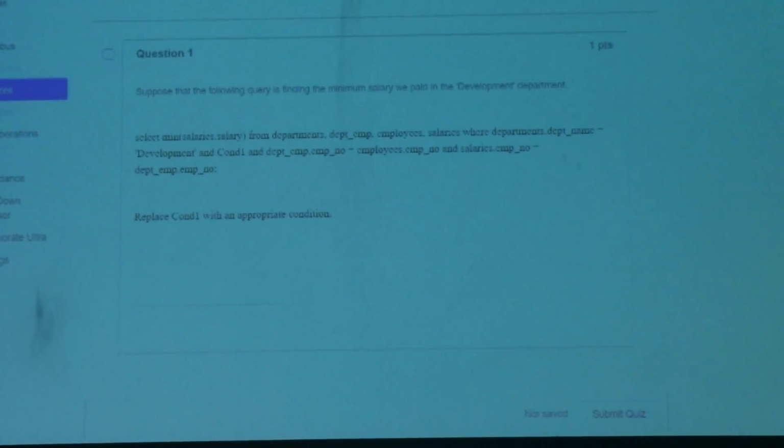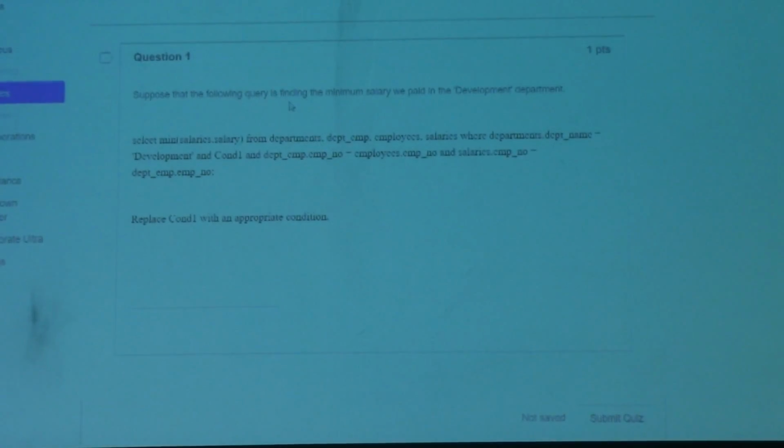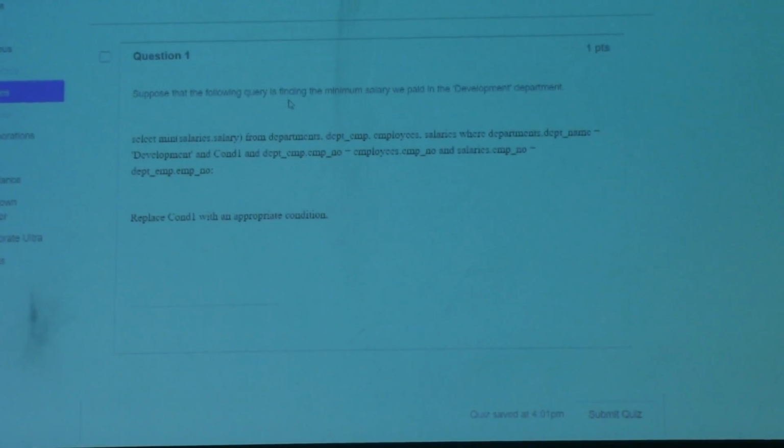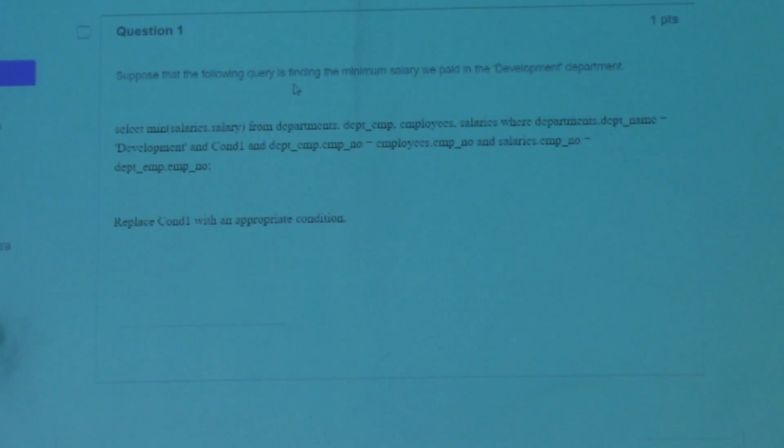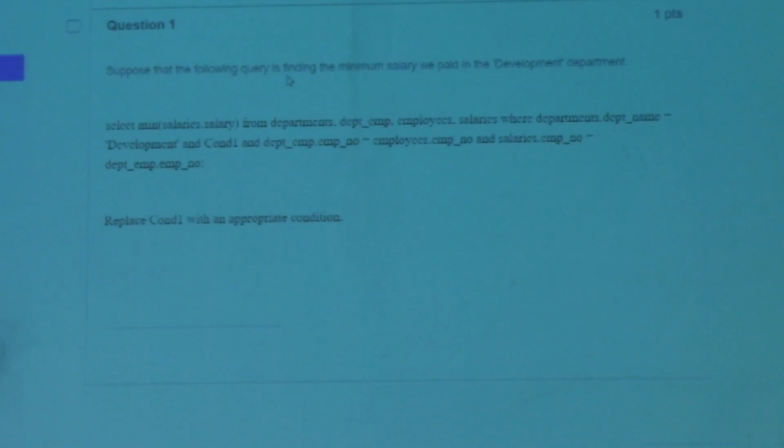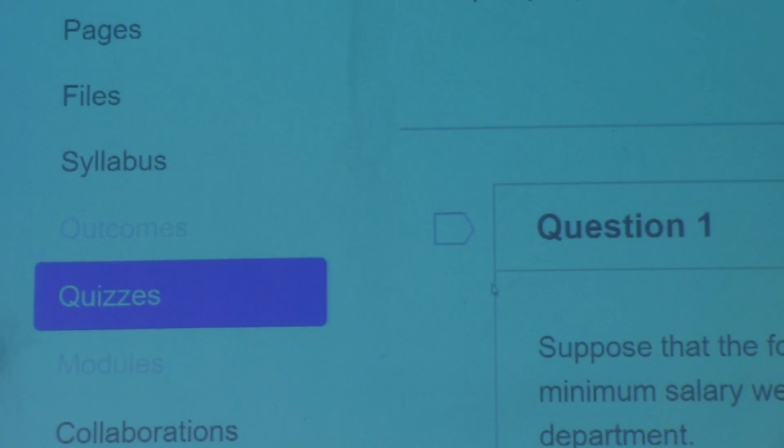Very fast. What is the answer for this question? Did you discuss this? The question is not visible. Oh, the question is not visible? That's what I'm looking at.